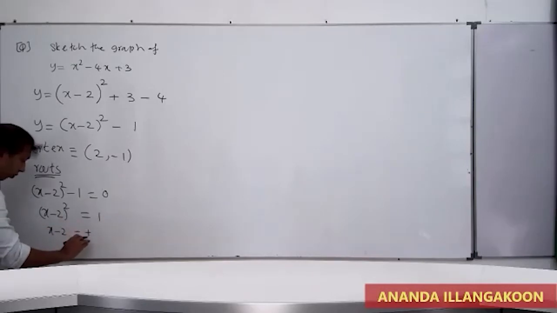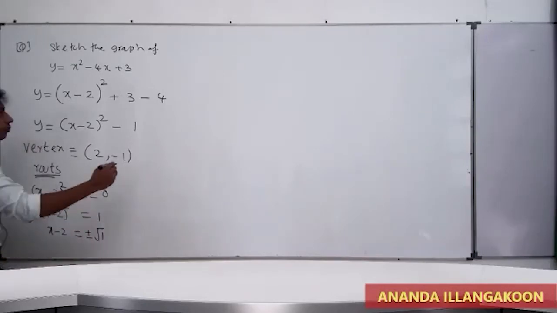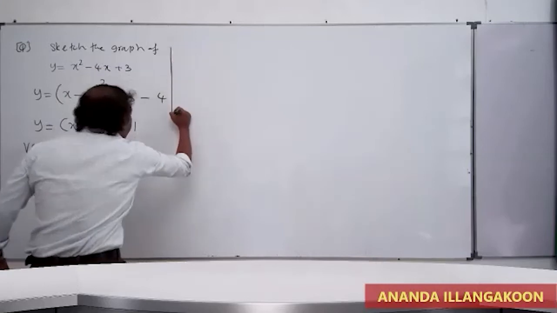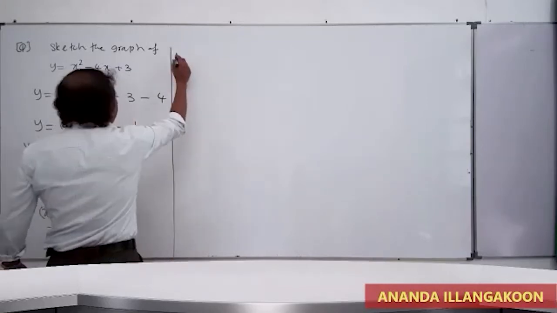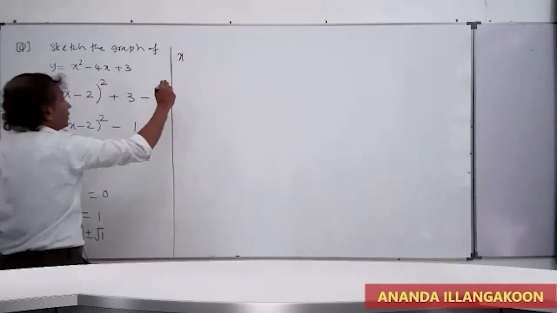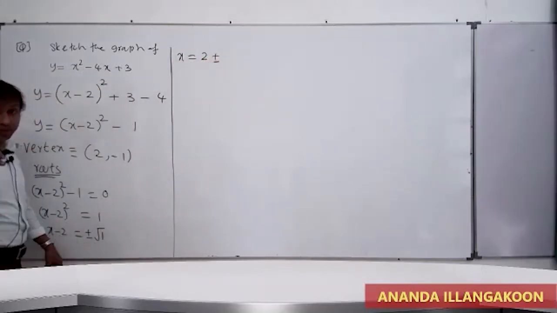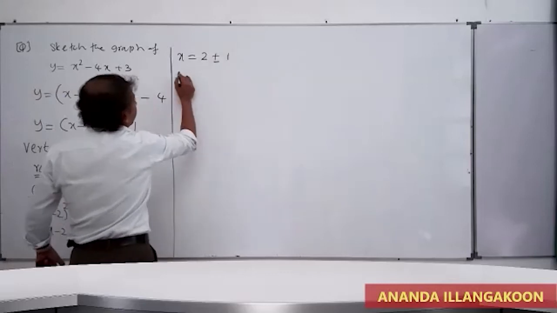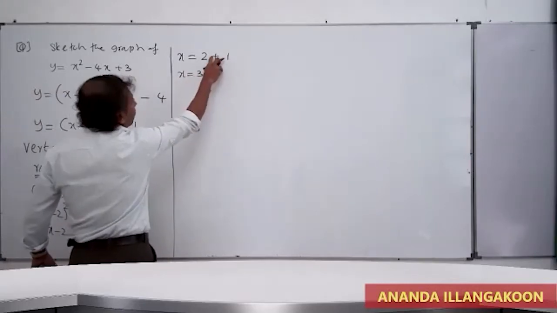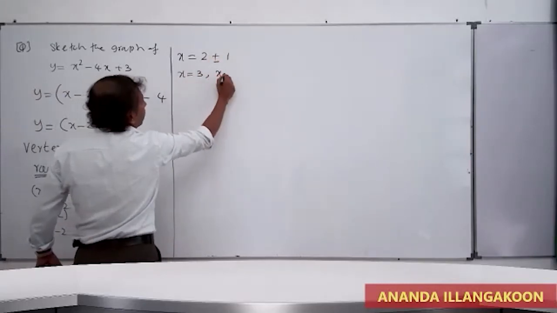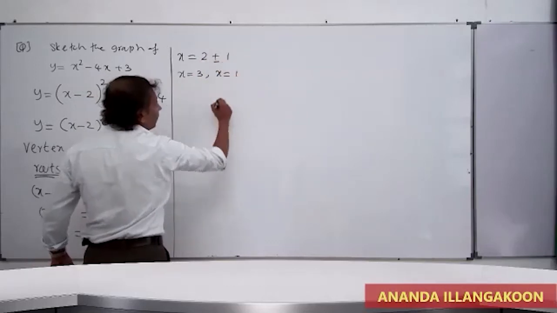What do you get? Plus or minus root 1, which is 1. Then you can take this minus to the right hand side: x equals 2 plus or minus root 1, that is 1. Then x equals 3 when you take the plus sign, and x equals 2 minus 1, 1.